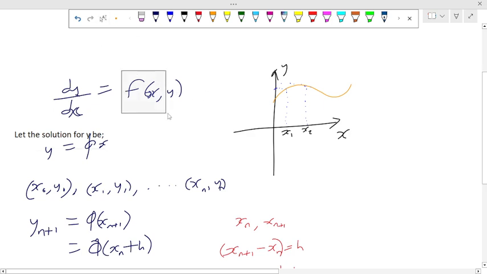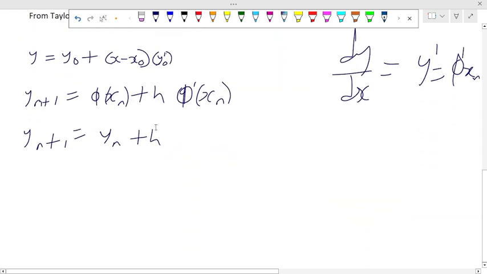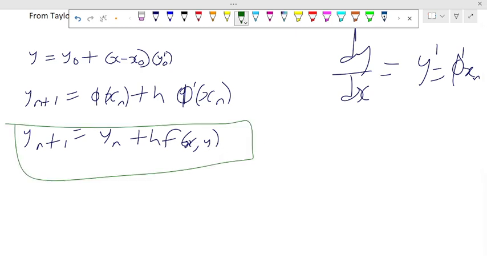So we can even just bring it this way and say this is what we have here. Perfect. This, my friends, is Euler's formula. That's it, Euler's formula. But we have to add this n.